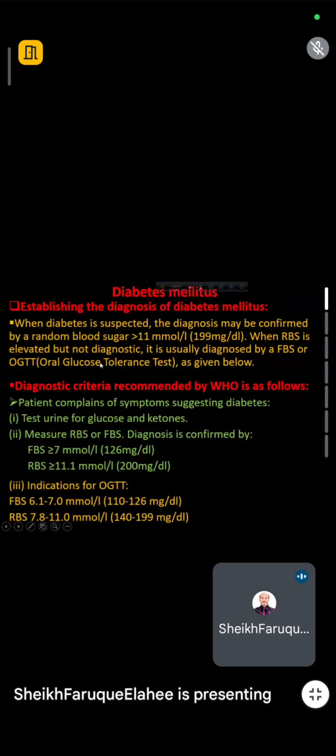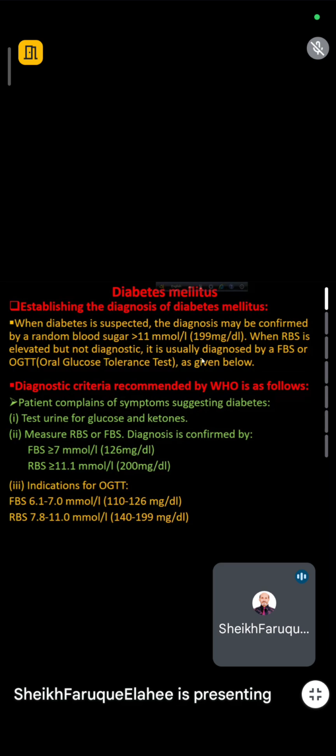But if you find that RBS is elevated but not diagnostic, so it is not 11, we know that the normal level should be 6 to 7. Now you find that he has 7, then what will you do? He has 8 RBS. So you cannot decide whether he has diabetes or not. If he is more than 11, yes, he has diabetes.